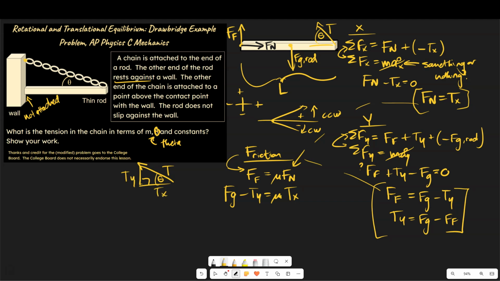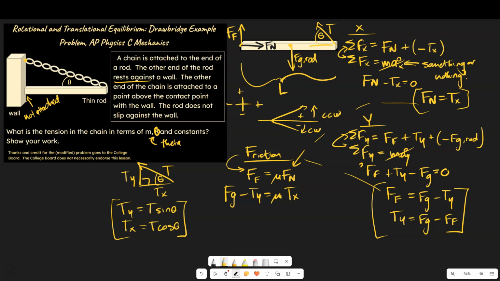What we're going to do is say tension of the y is equal to tension times the sine of theta, and we'll say tension of the x is equal to tension times the cosine of theta. I am skipping a couple algebraic steps, but I think at this point you probably are okay with this.